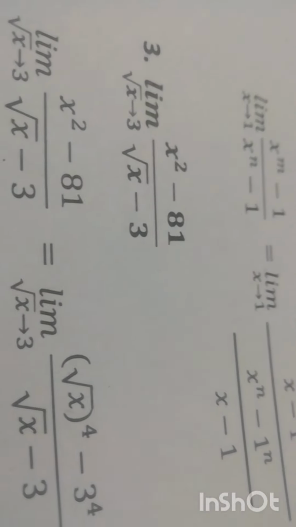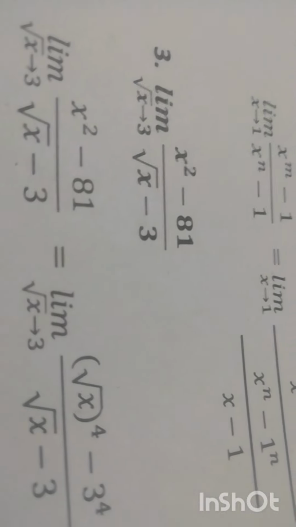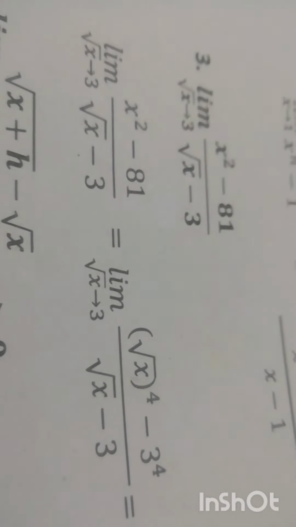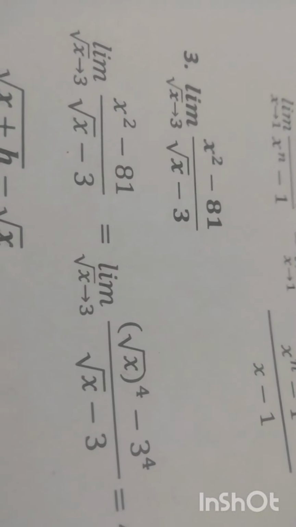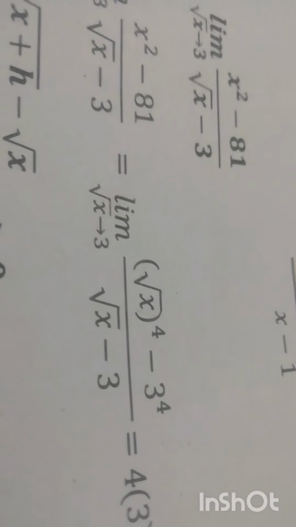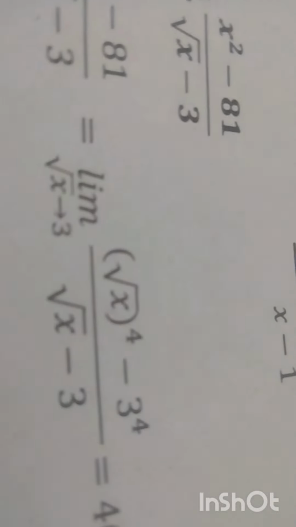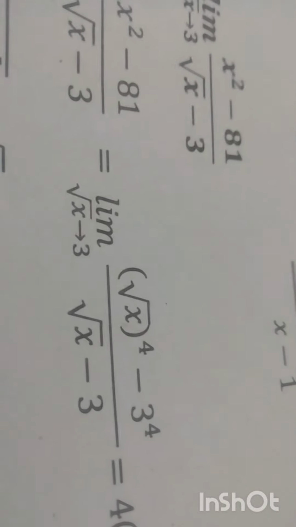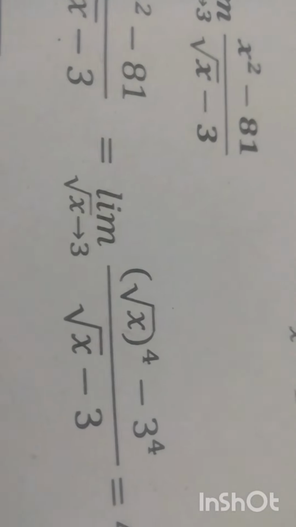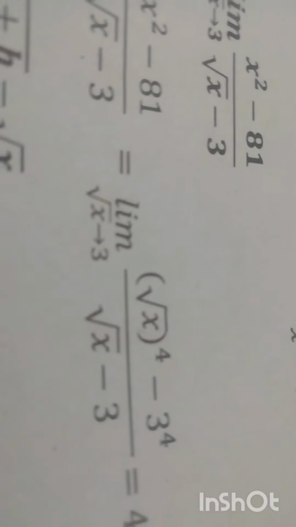So you can change all x by root x. So limit root x tends to 3, x square can be written as root x power 4 minus 81. 81 means 3 into 3 into 3, 4 times. 4 times 3: 3 3s are 9, 9 3s are 27, 27 3s are 81.